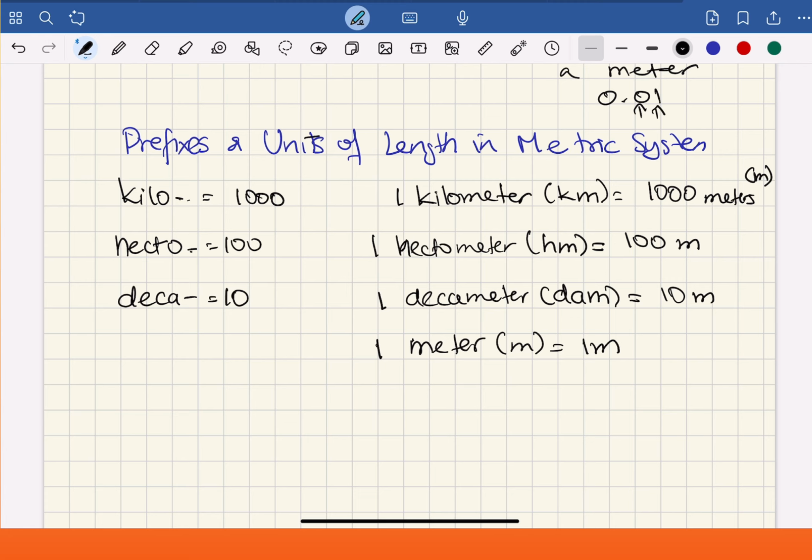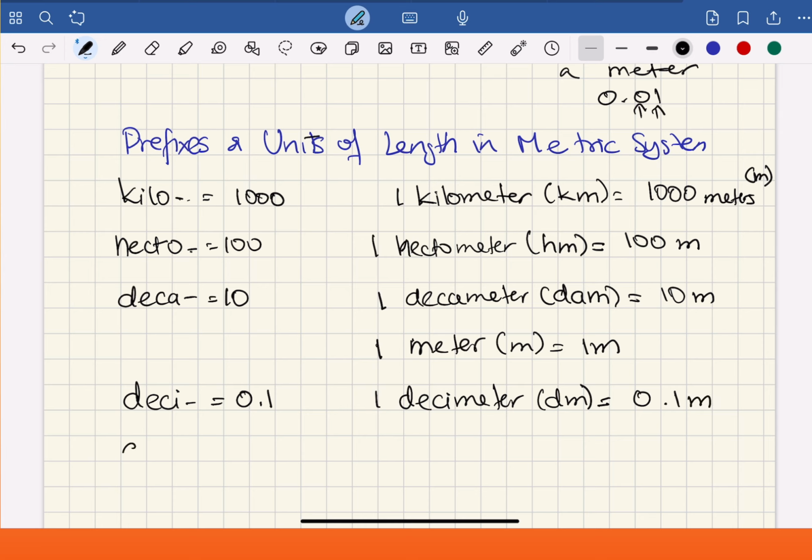So now if you kind of see this on a number line, we're going to go to the smaller, to the decimals. So deci, like a decimal, right? Deci equals 0.1. So 1 decimeter is equal to 0.1 meters, okay?